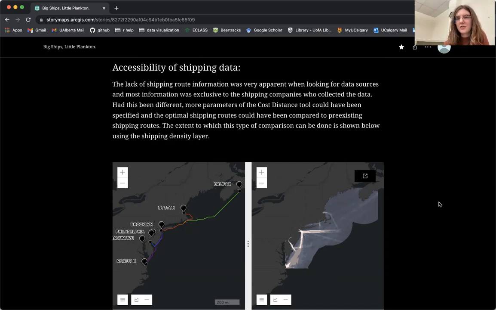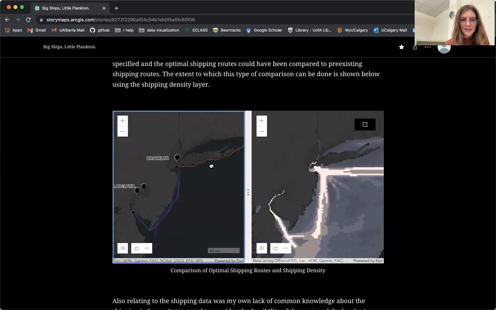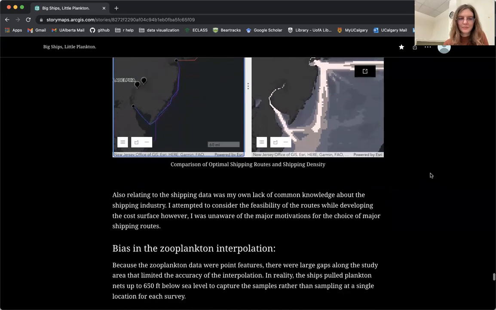But the extent that I could do this type of comparison is kind of shown here. I could just look at the density graph and say, oh, this doesn't really follow closely to what regions of high shipping density are, but this isn't a very accurate comparison.